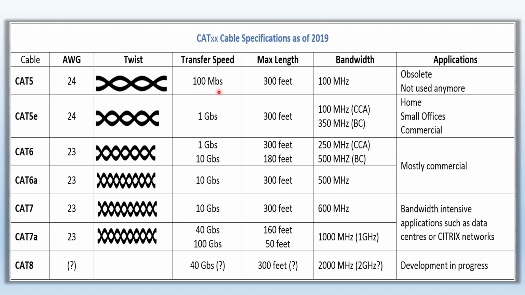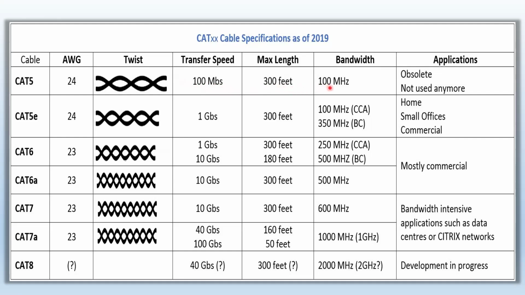But speed is bits per second, and Cat 5 has the transfer speed up to 100 megabits per second, which means that the signal can be transferred at that rate, and the cable is going to carry that signal to the other end as long as it's no longer than 300 feet, and the signal is still going to be usable and understood.